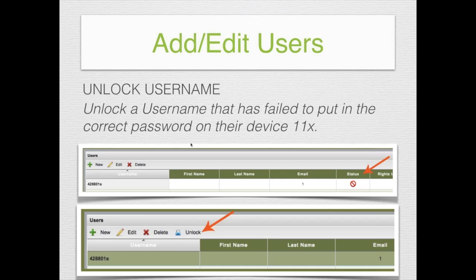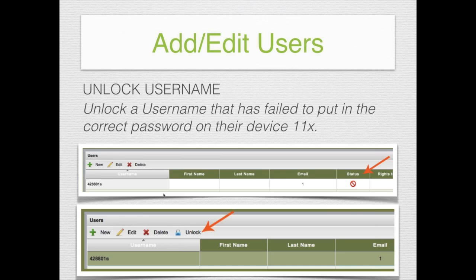The next thing that I have listed here is how to unlock your username. Like I mentioned, it's very important that you instruct your users that they could potentially be locked out of the iFormBuilder application and the web portal. This happens when they use the incorrect password on their device over 11 times.